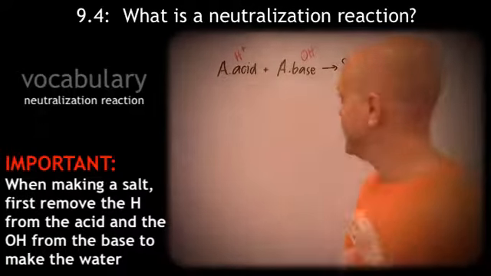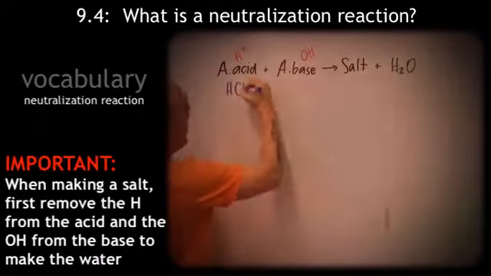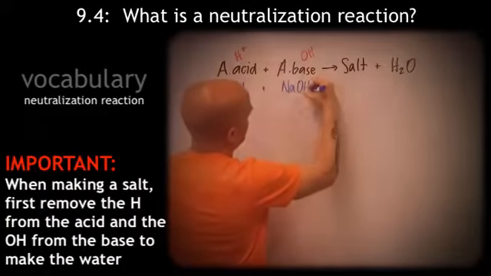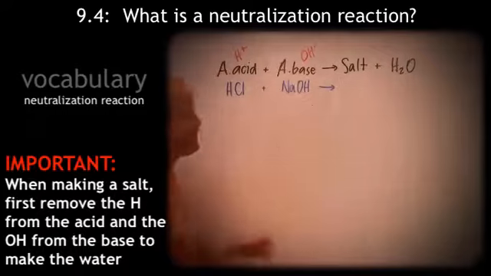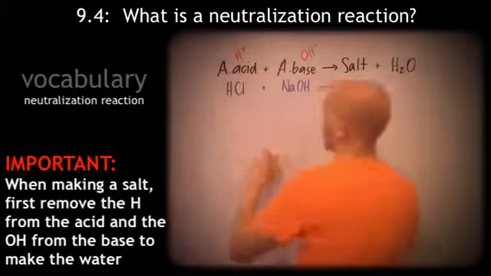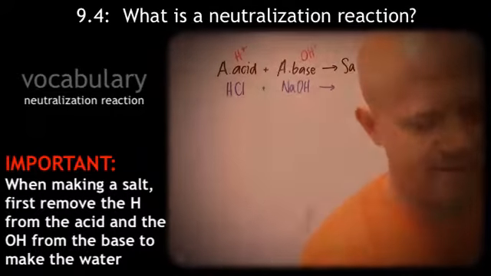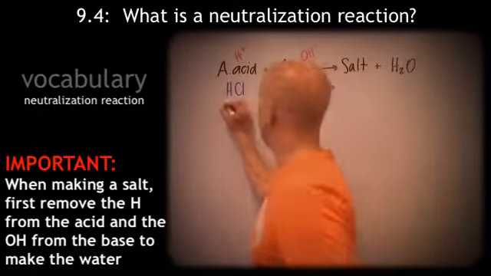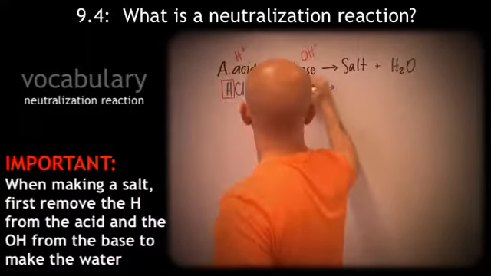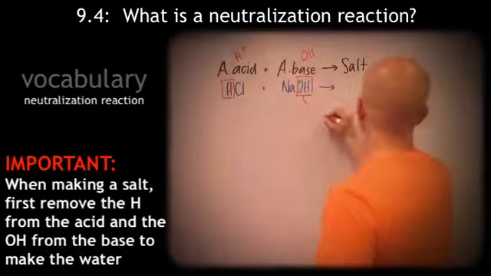Now, let's do an easy one. A simple example, we're going to have an Arrhenius acid like HCl plus NaOH. Now, two things you got to pay attention to. Number one, Arrhenius acid and Arrhenius base. Because of their nature, you're going to be removing an H and an OH. And the H and the OH are going to form the water.